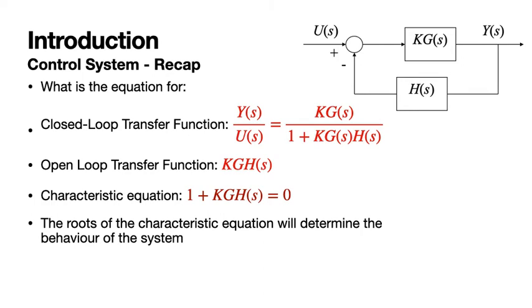And what do the roots of the characteristic equation represent? It will determine the behavior of the system that we're going to look upon more in the next section. Okay, now let us go to the new topic, which is the root locus.